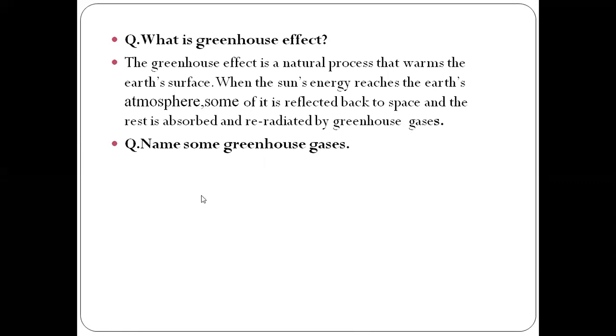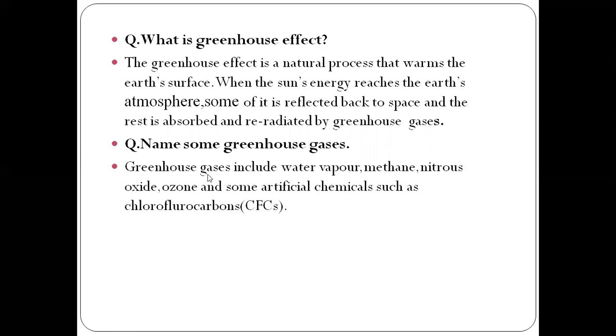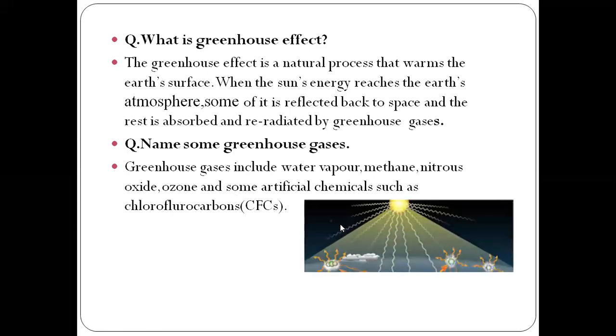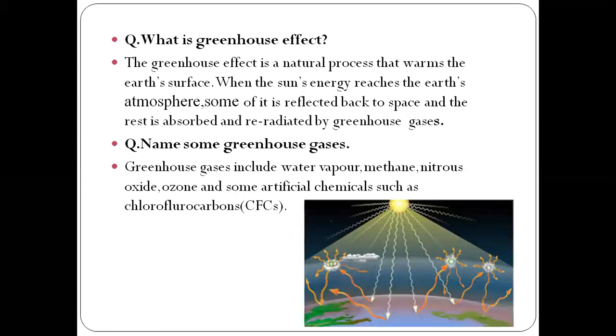Name some greenhouse gases. Greenhouse gases include water vapor, methane, nitrous oxide, ozone, and some artificial chemicals such as CFCs, that is chlorofluorocarbons. This image depicts the greenhouse effect. Just have a glance, children.